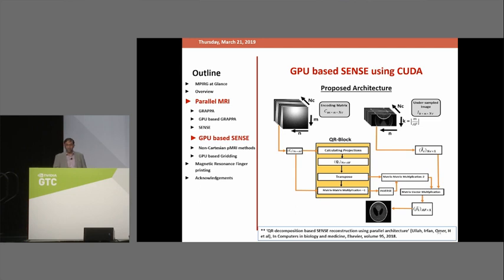So this is the proposed architecture, which performs the parallel computations using QR decomposition, and as a result of that, we were able to perform the matrix inversions and the encoding matrix inversions, which otherwise was a sequential process, in a parallel fashion. That helped us to reduce the reconstruction time significantly.